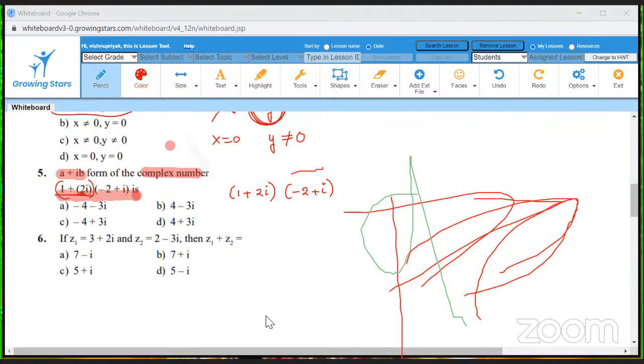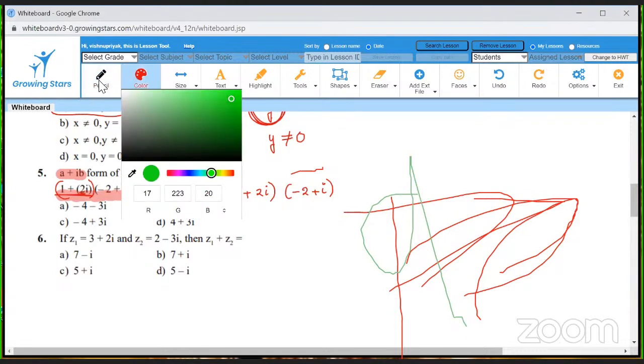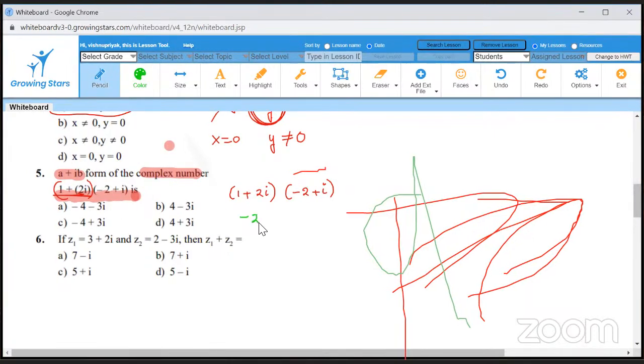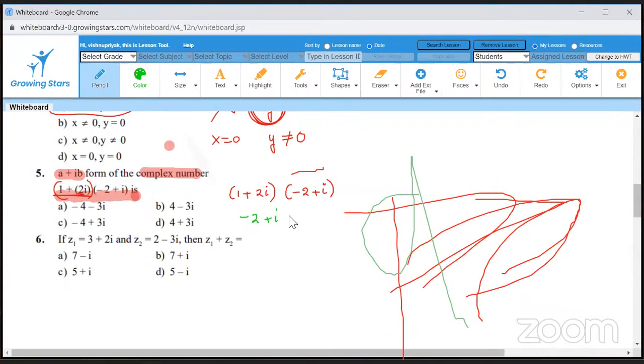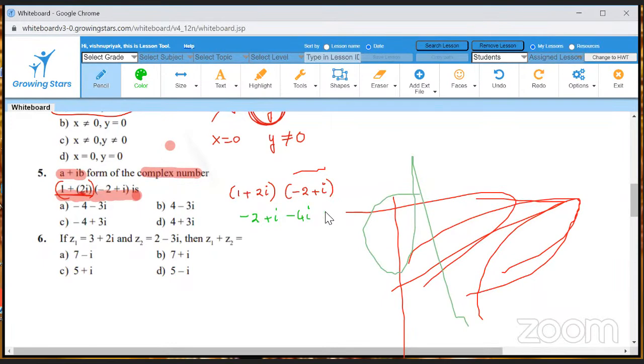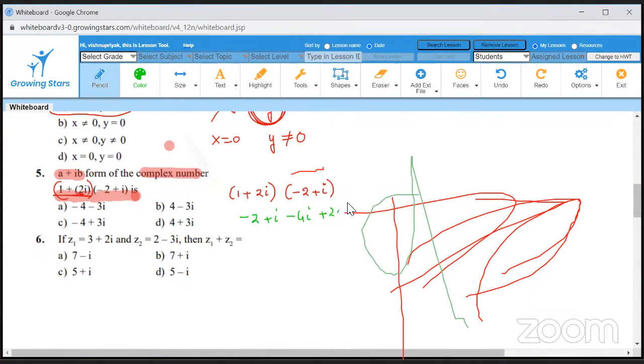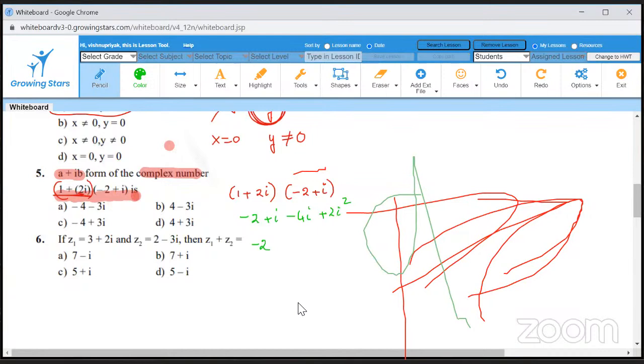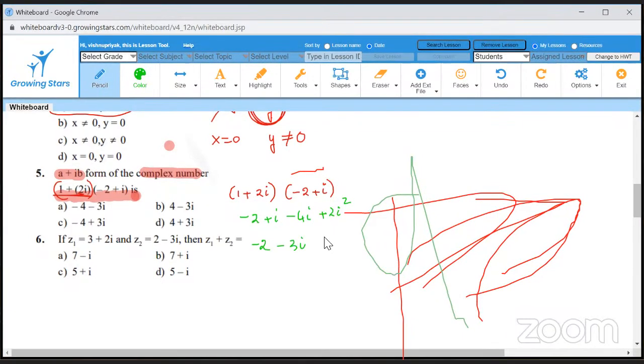Arpita said it's option C. Now if you multiply, what will you get? Minus 2 plus i minus 4i plus 2i squared. Minus 2. Ammu is saying B. Minus 2 minus 3i, 2 is multiplied by minus 1.